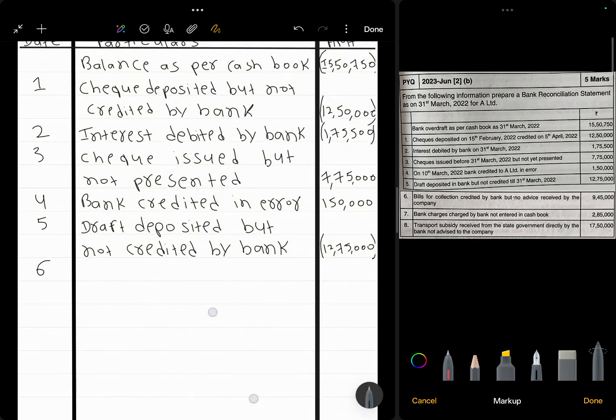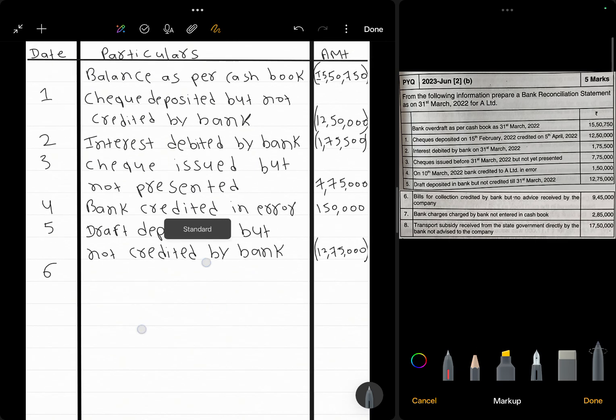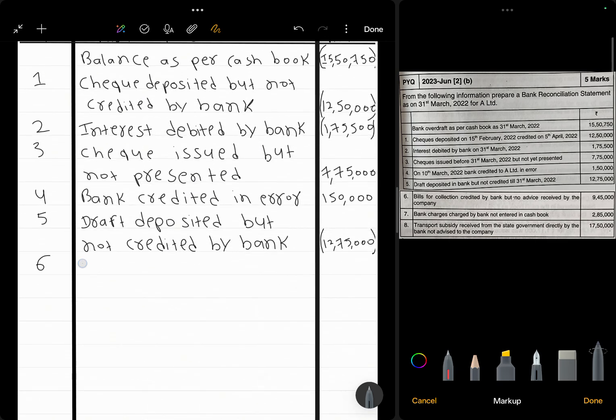So 6 number, bill for collection credited by bank but not received any information.